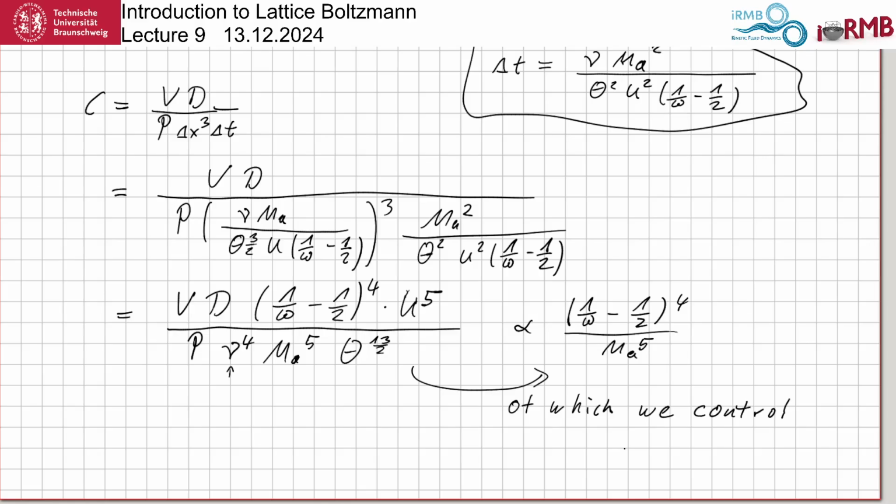You can absolutely make a change by increasing the Mach number of your simulation, Mach to the power of 5. So you should think about whether you want to have the real Mach number or whether you can trick it a little bit to have a higher Mach number in your simulation than in reality.